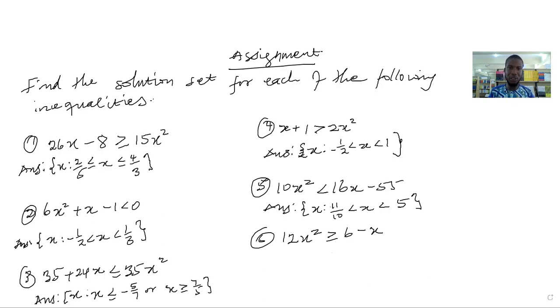I'm sure after those 3 examples and then this 5 to 2 example, you should be able to get the sixth one without any struggle at all.